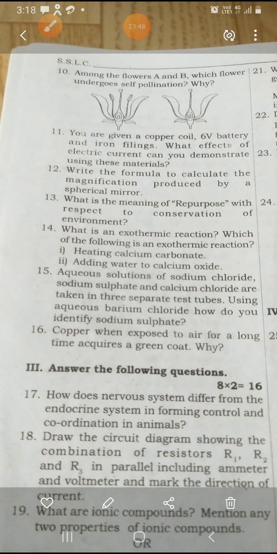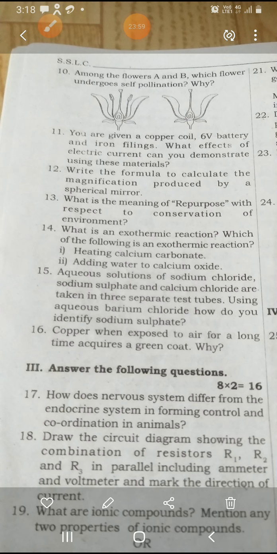Third property, they dissolve in water. Ionic compounds dissolve in water but are insoluble in organic solvents like alcohol.